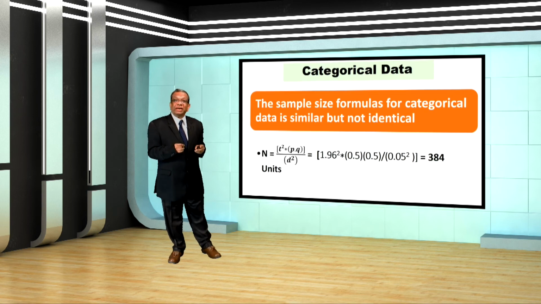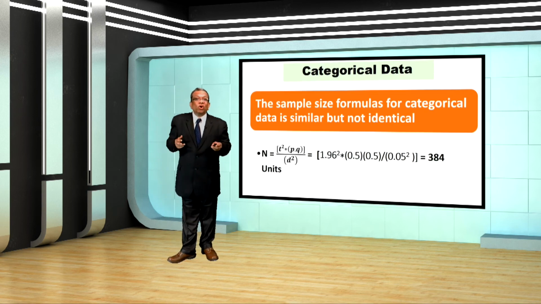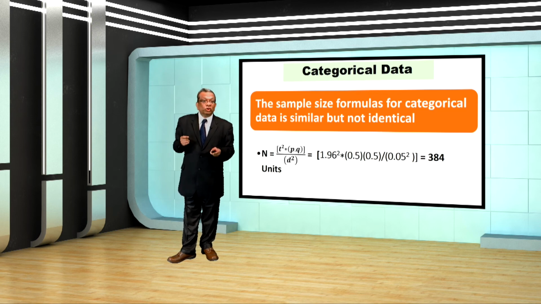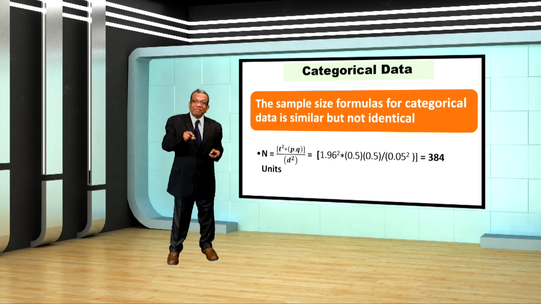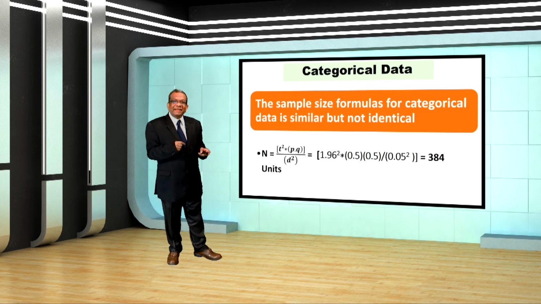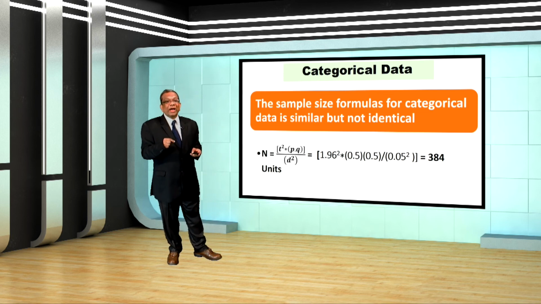Now, categorical data. When categorical data such as the education levels or gender of the participants are given, then the formula undergoes a little change. n is equal to t squared multiplied by p into q.